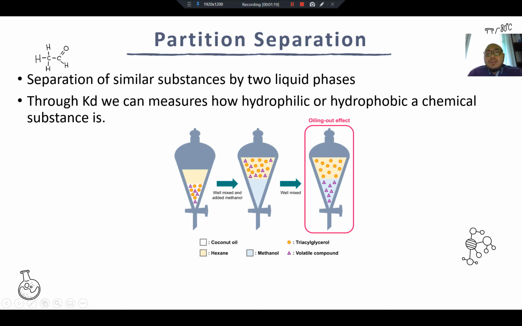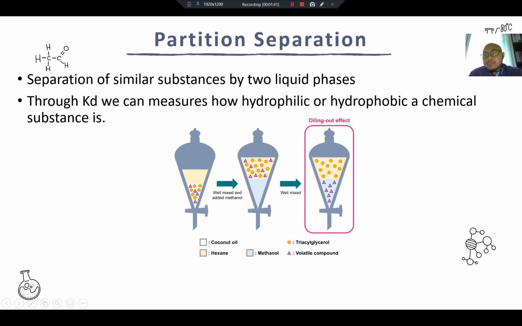If you look at the above, let's say for example your analyte, the orange one, goes to the organic layer. It means that if the Kp is large, you use this as the desired phase, or the final phase that you want to extract. Okay, so the Kp should be large.